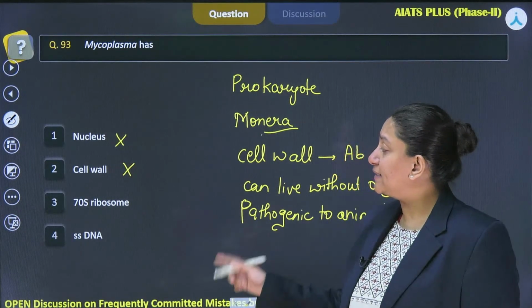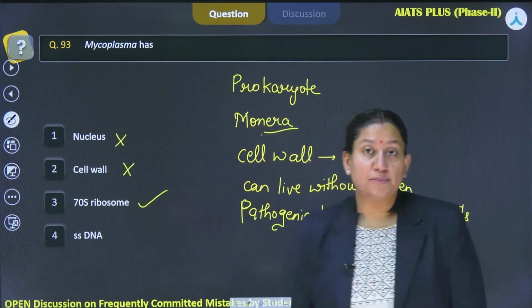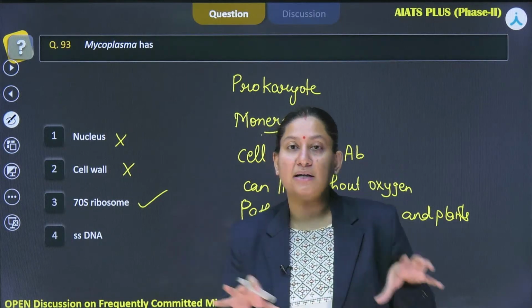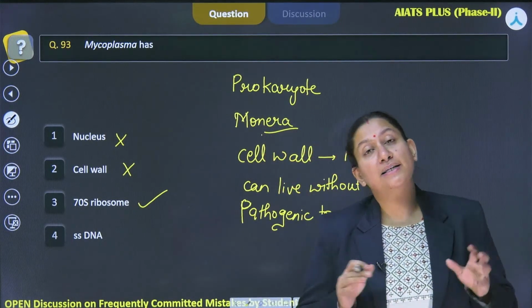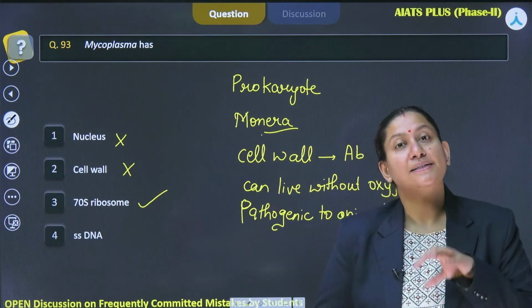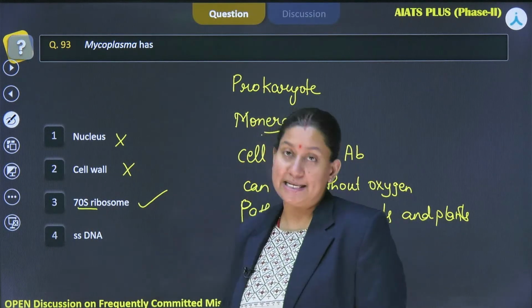Now option 3 says 70S ribosome. So this is correct. When we talk about mycoplasma being a prokaryote, prokaryotes do not have compartmentalization in their cell. So whatever ribosomes they have, they retain in the cytoplasm. So their cytoplasmic ribosomes are of size 70S, right?